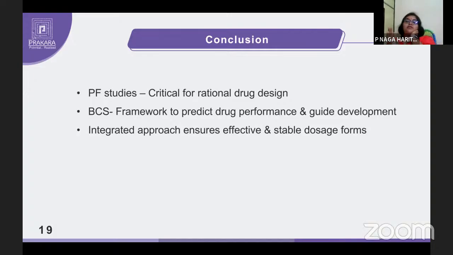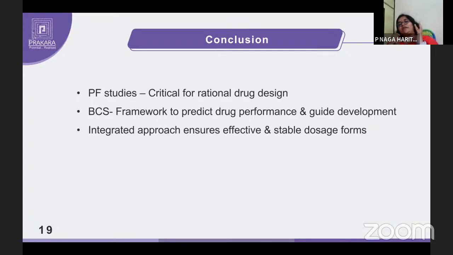Together, both approaches, the pre-formulation and the biopharmaceutical classification system, simplify drug development, overcome formulation challenges, and ensure regulatory compliance. All of these together lead to the successful development of safe and effective dosage forms.